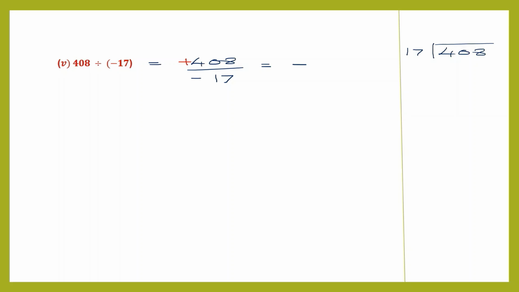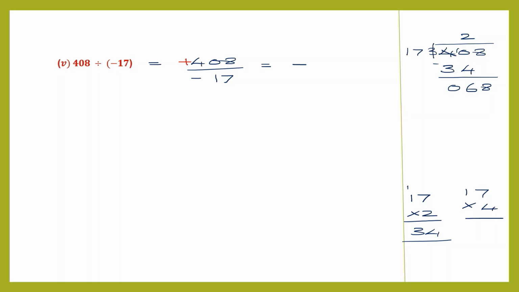Now 17 into 2, let's try. We need to get a number close to 40. 2 sevens are 14, carry 1, 2 ones are 2 plus 1, 3, 34. So we can use that. 17 into 2 is 34. Now let's subtract. 10 minus 4 is 6. And then this is 0 and 8. Now we have 68.